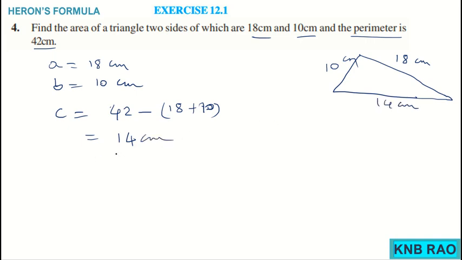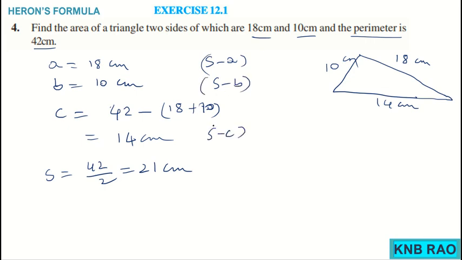Now the moment I got a, b, c and I have already got the perimeter, the semi perimeter is 42 by 2, which is 21 centimeter. From them I can find out s minus a, s minus b and s minus c. 21 minus 18 is 3, 21 minus 10 is 11 and 21 minus 14 is 7.